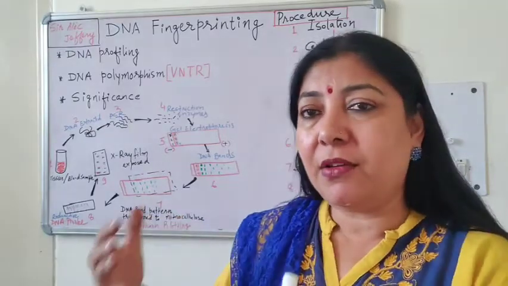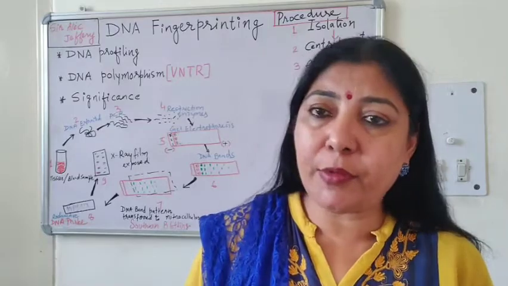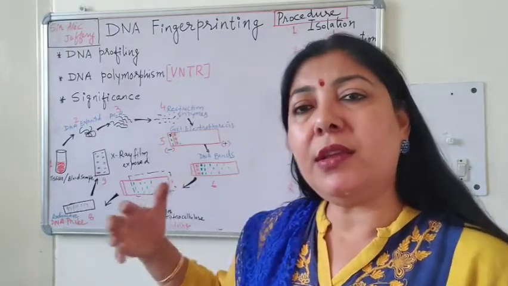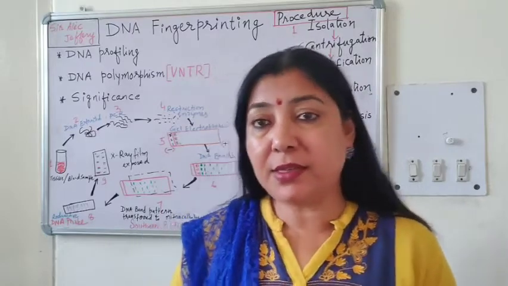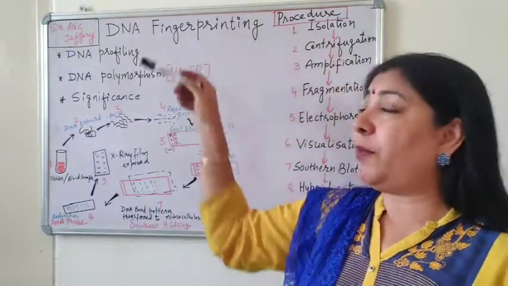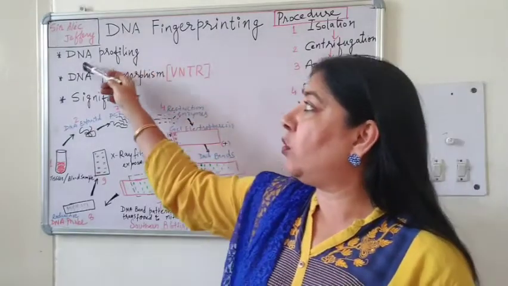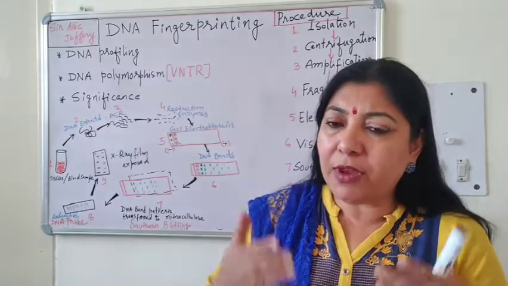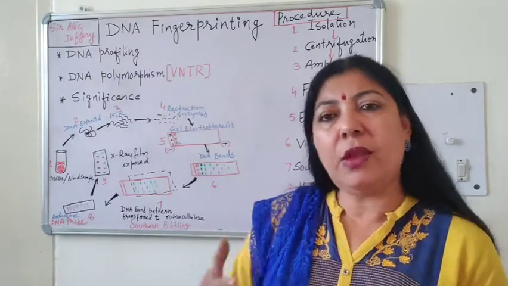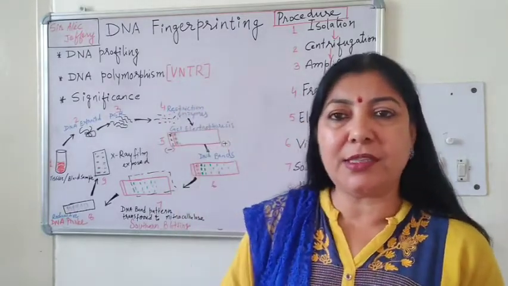We will study what are the different criteria, what are the different procedures, what are the various significance related to DNA fingerprinting. Let us study it. This technique of DNA fingerprinting is also called DNA profiling. Only because we have a different pattern, we call them fingerprints. Otherwise, these are not fingerprints as such.